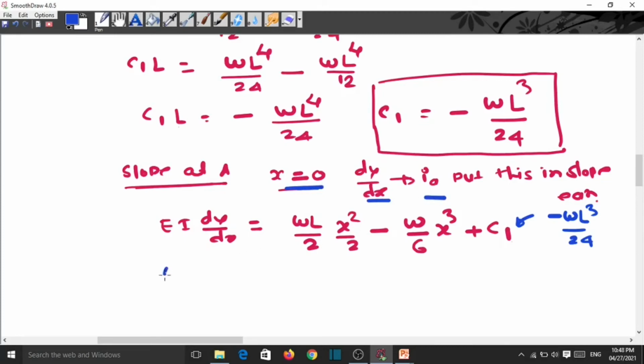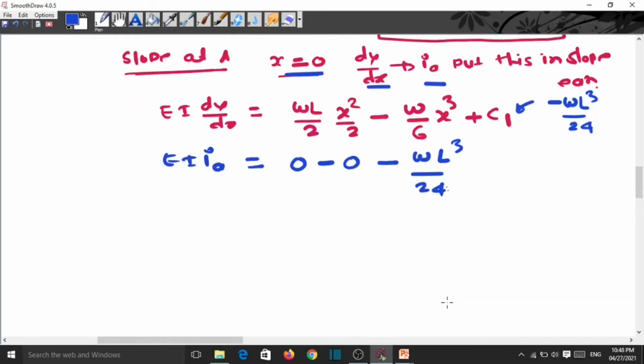So we can say that EI IA is equal to 0, because x equal to 0 means the total term is 0. Then this term becomes 0, 0 minus 0, and C1 is minus WL cube by 24.